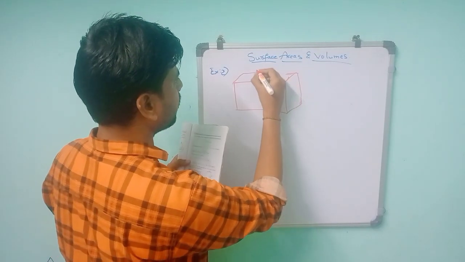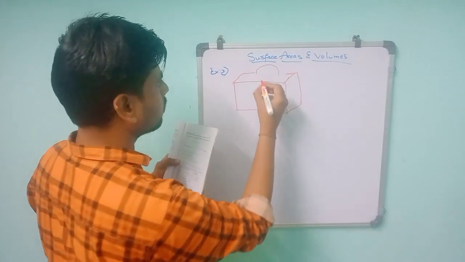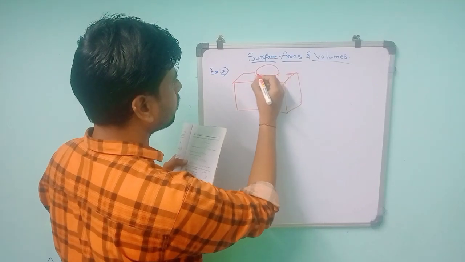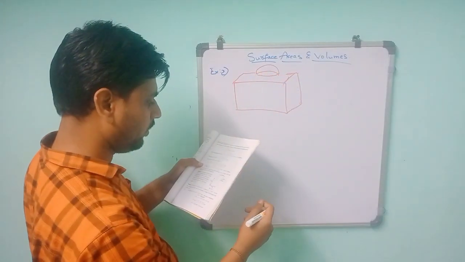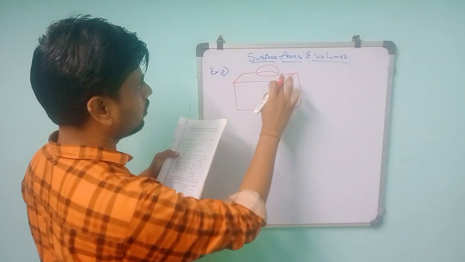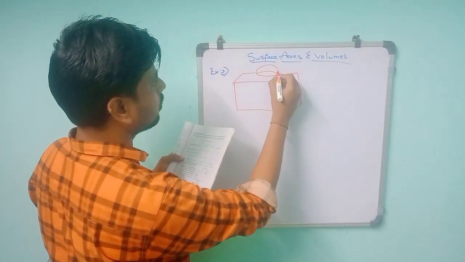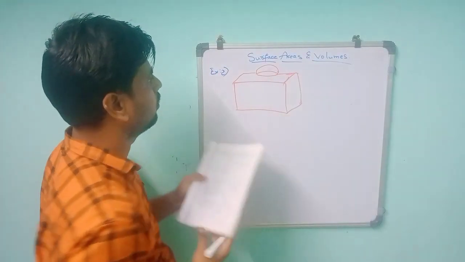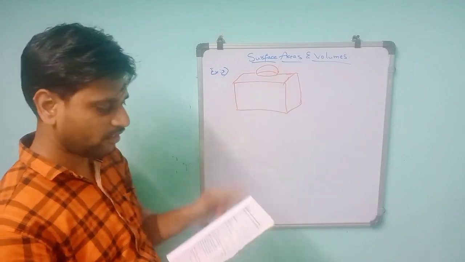So this is the hemisphere, and this is the cube mounted by the hemisphere.